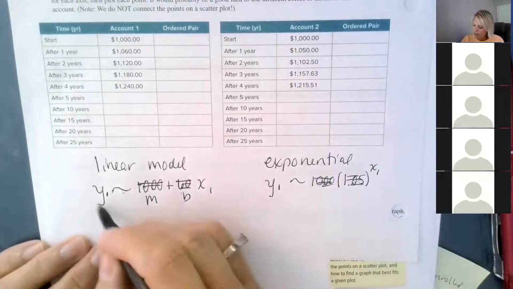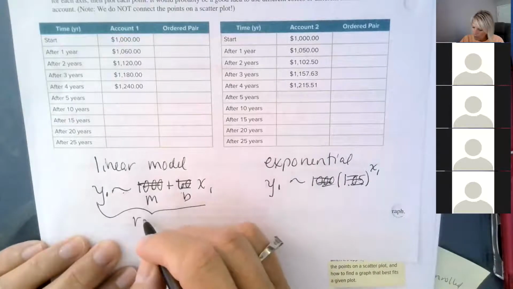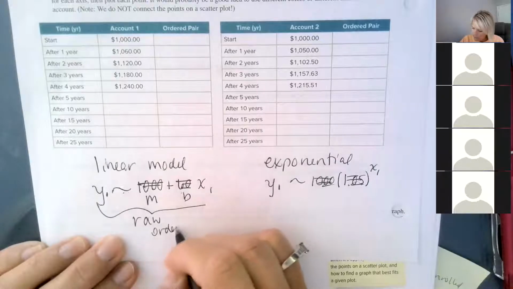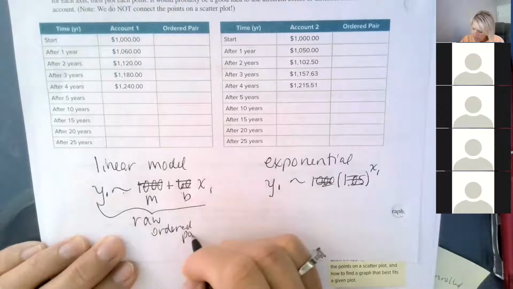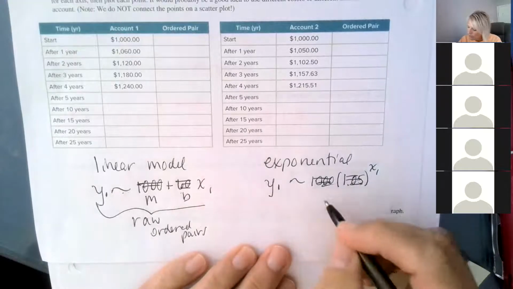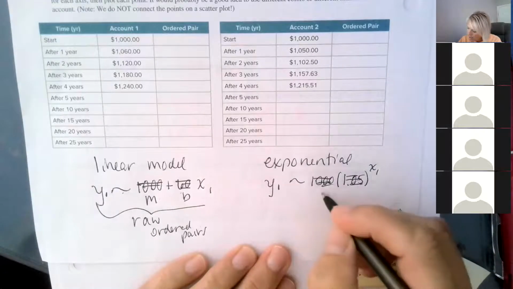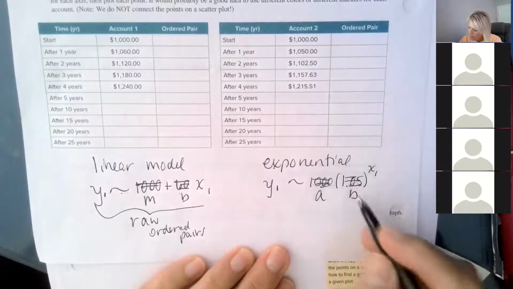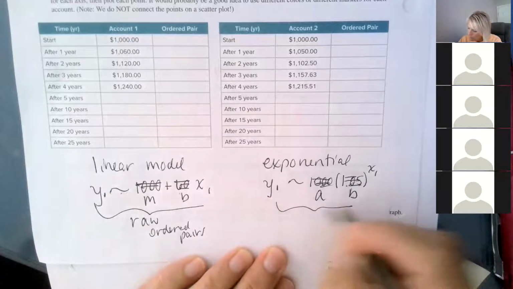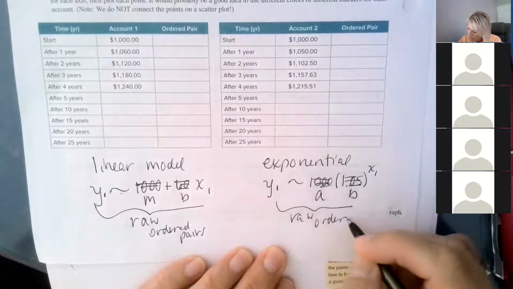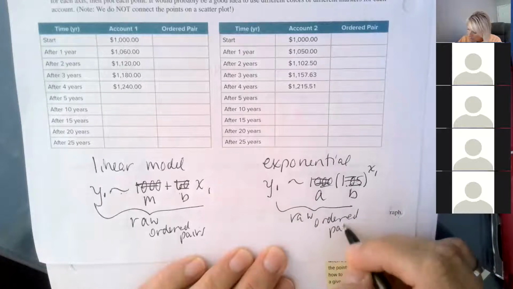And this is if we have raw ordered pairs, like we did prior. And then the exponential would be A instead of 1,000 and B as our growth factor over here instead of 1.05. And this would be if we had raw ordered pairs.